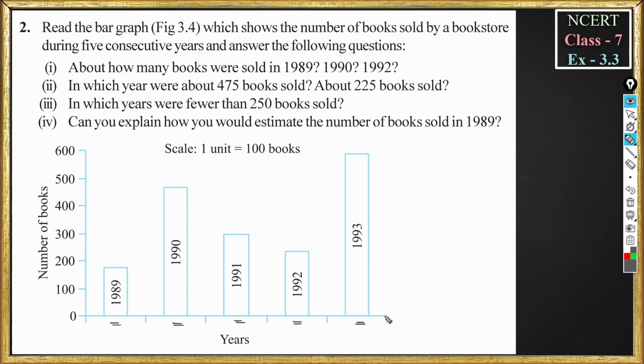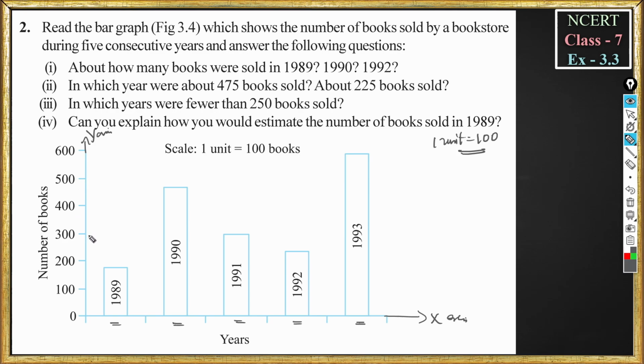These are the years on the x-axis. And on the y-axis, they have given the number of books. They are given in hundreds. That means 1 unit is equal to 100 books. So 100, 200, 300, 400, 500 and 600.